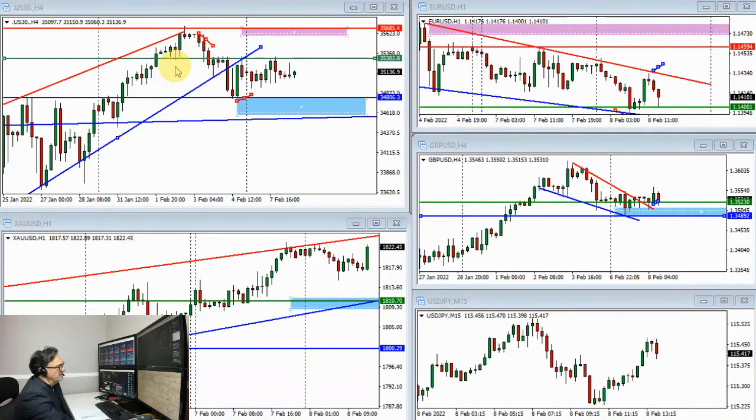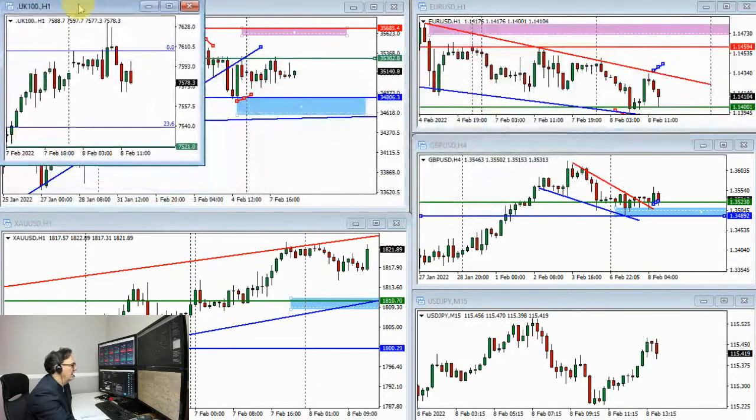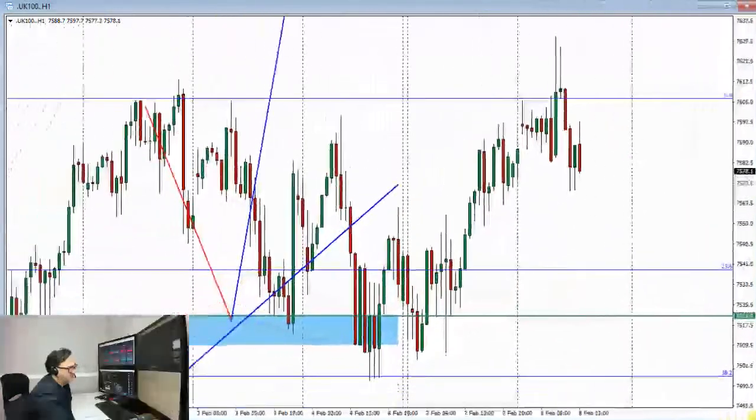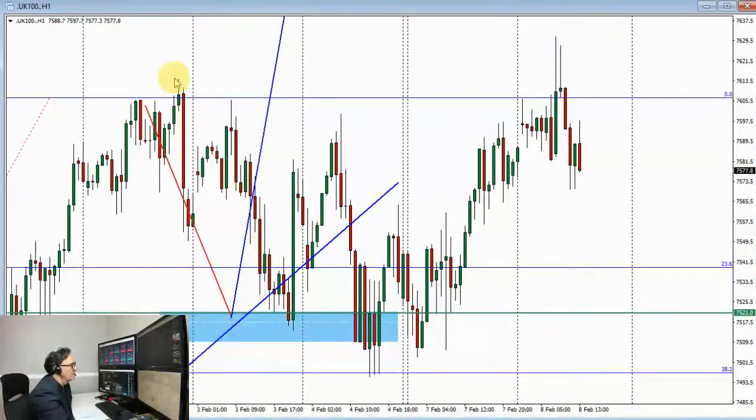A couple of other things that I'm paying attention to from the indices point of view. I am looking at FTSE, and let me show you that one first. So the FTSE position that I am paying attention to is at 7520.